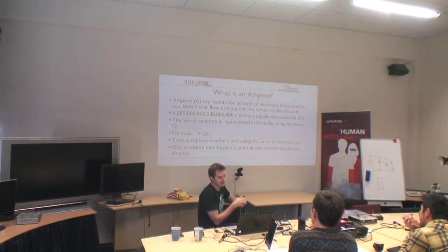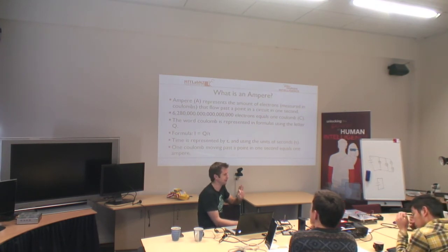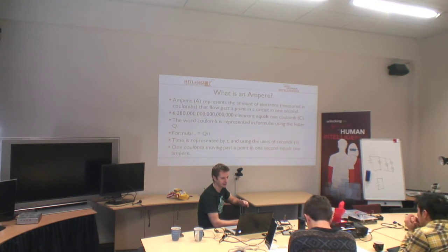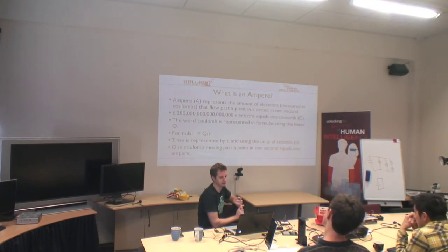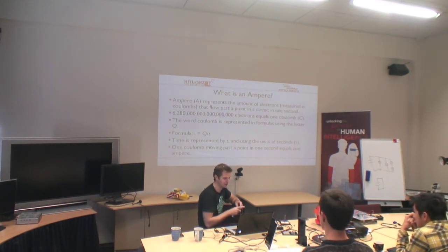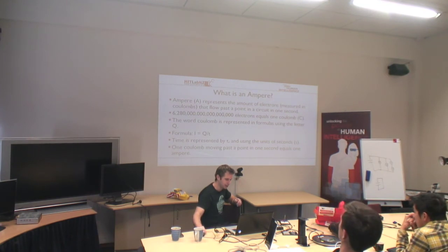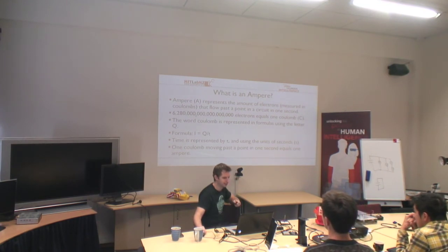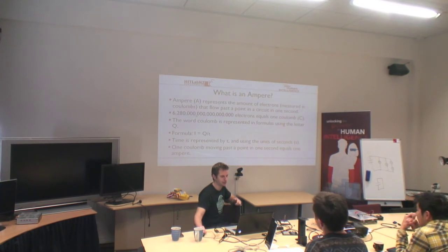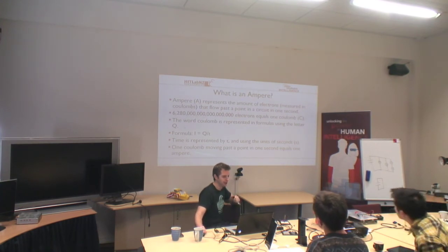An ampere is the amount of electrons, measured in coulombs, that flow past a point in a circuit in 1 second. We're not counting individual electrons, obviously we're counting groups of electrons, but we're counting actual electrons, as in the parts which orbit a nucleus. 1 coulomb per second is 1 amp, and a coulomb is comprised of 6.28 million trillion electrons, so quite a few.